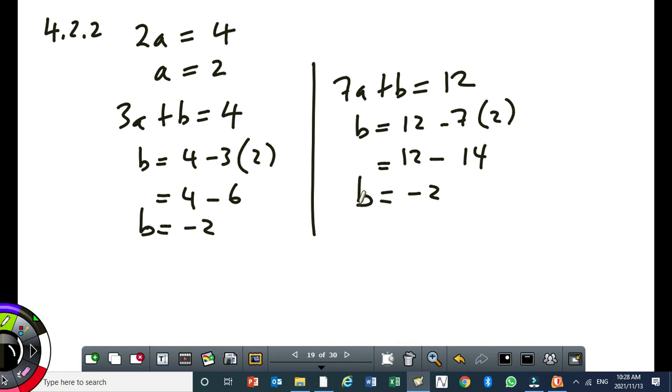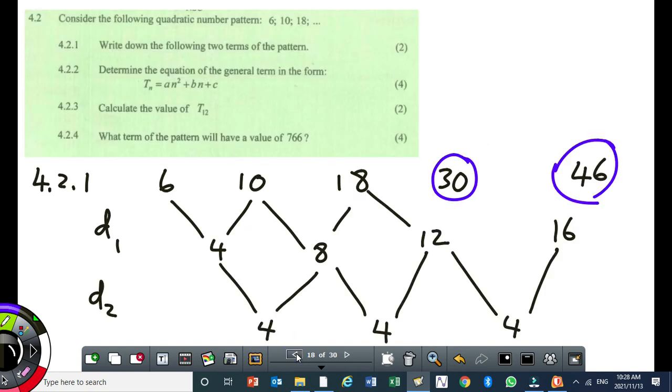Now, you can also go further. You can also have 9a plus b is equal to the fourth term of the first difference. But what I'm telling you now, not many teachers mentioned. The most common method is to say that 3a plus b is equal to the first term of the first differences.